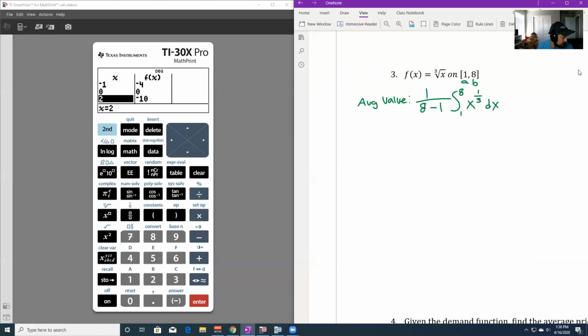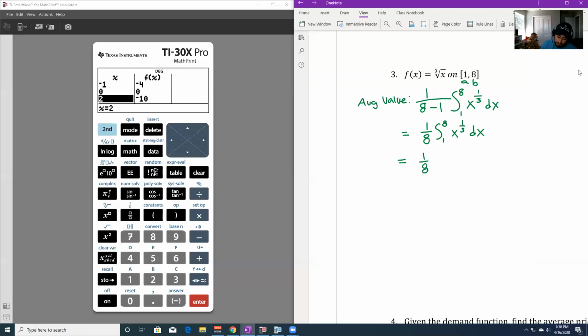Okay, perfect. All right, clean up, and we get 1/8 times the integral from 1 to 8 of x to the 1/3 dx. We are now ready for the antiderivative. Okay, so this means that 1/8 stays out.